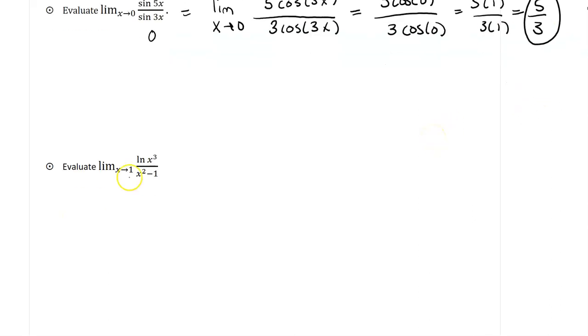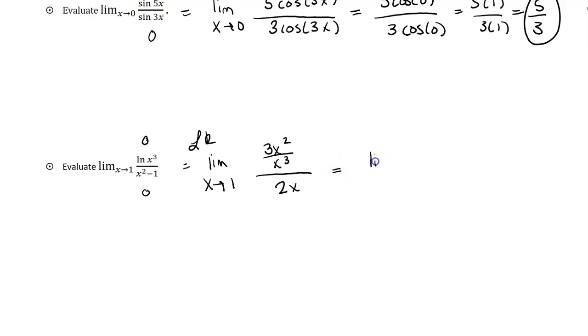Here's another one. If I plug in 1, I would get 0 over 1 minus 1, which is 0. So we're going to use L'Hopital's rule. So we'll have, let's see, the derivative of natural log of x cubed is 3x squared over x cubed. That's u prime over u. The denominator gives me 2x. So I'm going to clean this one up a little bit.